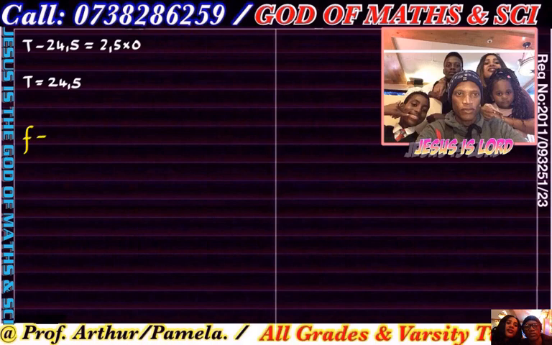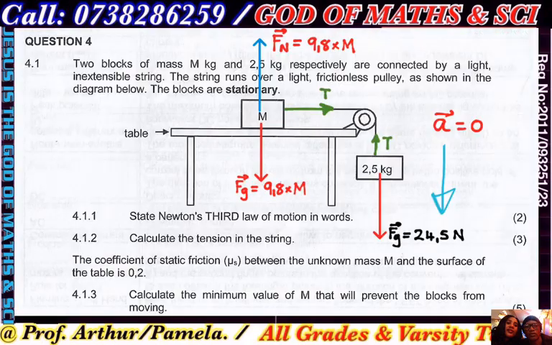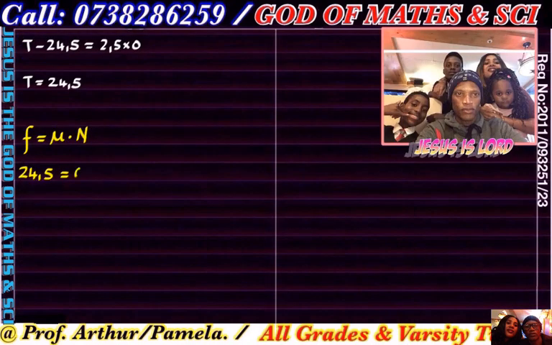Now we're shifting to friction. Friction is given by mu multiplied by the normal force. So friction, we know, will be equal to that tension, which is 24,5, equals the mu, which is given to us as 0,2, times the normal force.